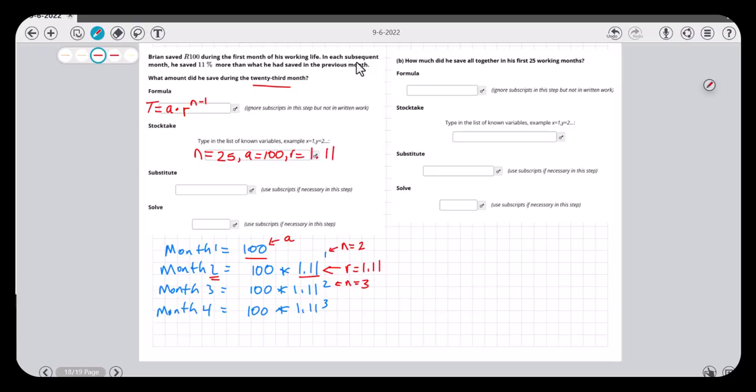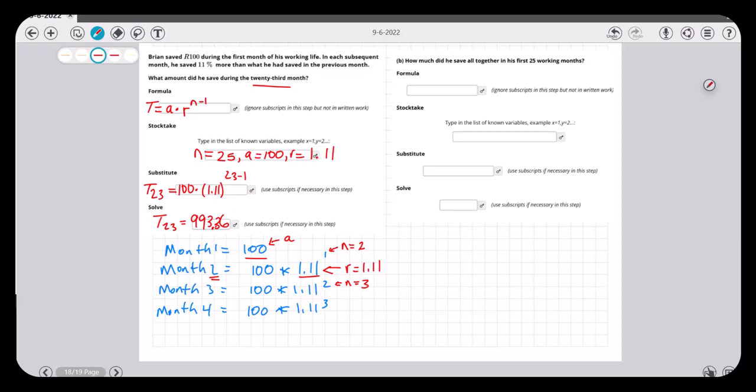So if we substitute everything in, my term of my sequence, T subscript 23, is 100 times 1.11 raised to the 23 minus 1. If you throw all of that into a calculator, I get 993.36. Sorry, that's really ugly. There's a decimal place right there. So by the 23rd month, this is showing what he would have in savings.